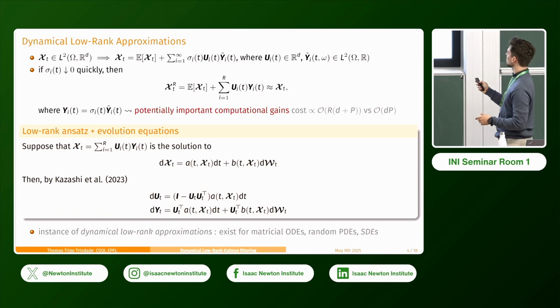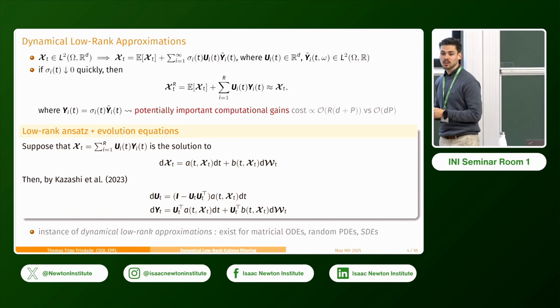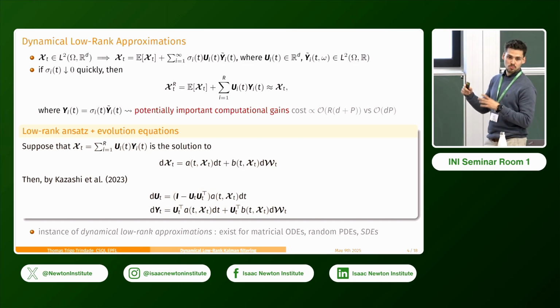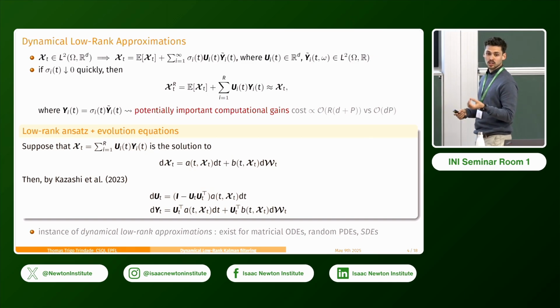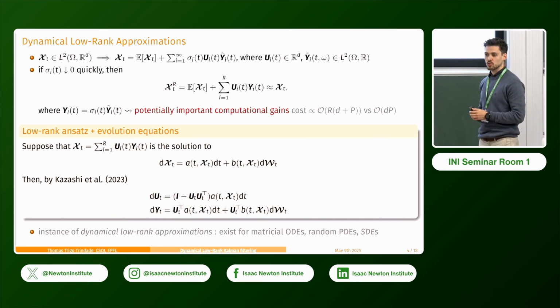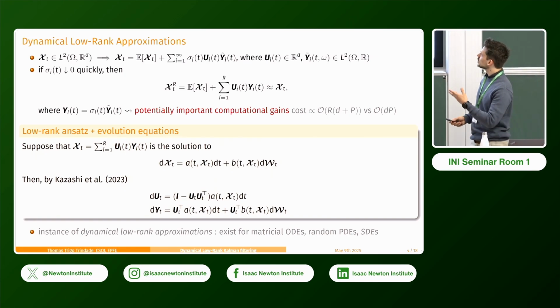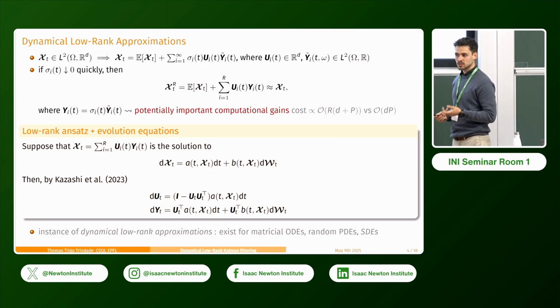You are essentially having a computational saving that is O of R times (d plus p) rather than the product d times p. Of course, this makes sense if R is small, but we're working under this assumption. You need just a few modal terms to represent your low rank process over time. So this is what we want to do. We want to represent our process in this low rank form at all times.